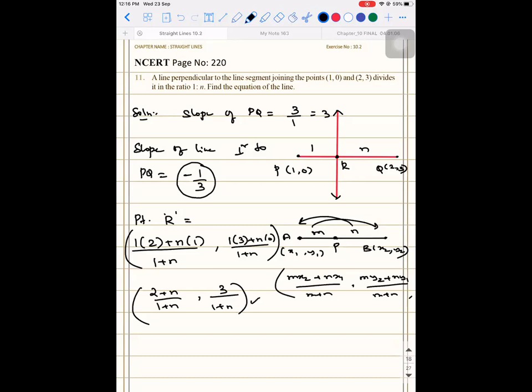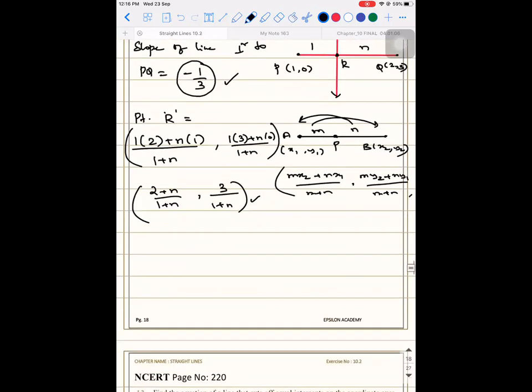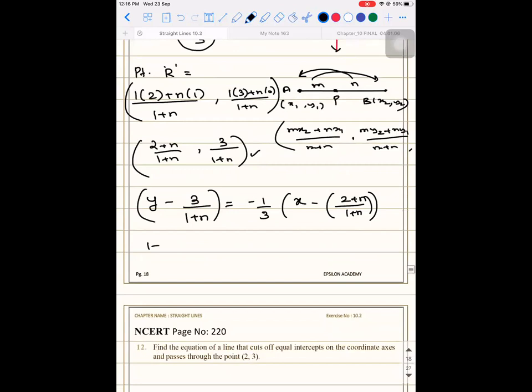So you know the point, you know the slope, write the equation. Y minus y1, that is 3 divided by 1 plus n, is equal to m, that is minus 1 by 3 into x minus x1. So 1 plus n into y minus 3 is equal to minus 1 by 3 into 1 plus n into x minus of 2 plus n.